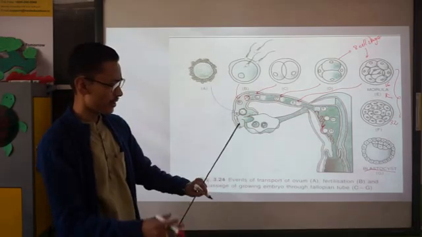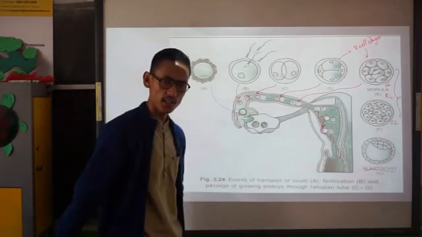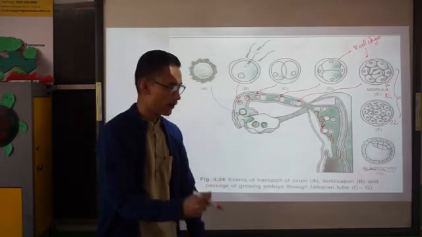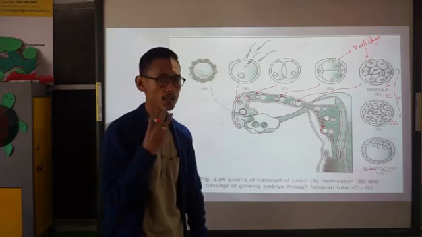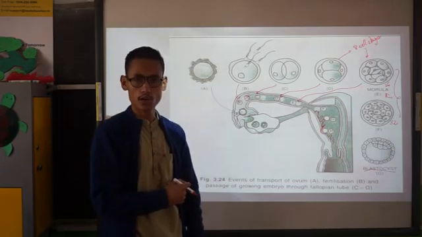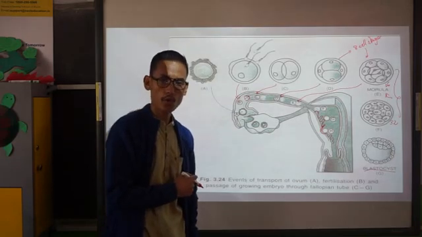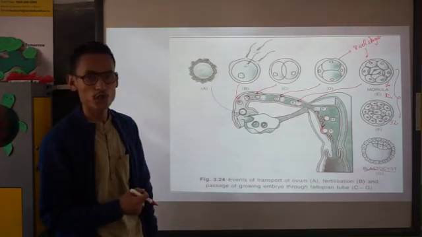So the blastocyst will come in contact with the lining of the uterus, that is the endometrium. After that, there will be implantation, and after implantation, there will be formation of the 3 embryonic germ layers, which is called gastrulation. And after gastrulation is over, there will be formation of organs, which is called organogenesis.